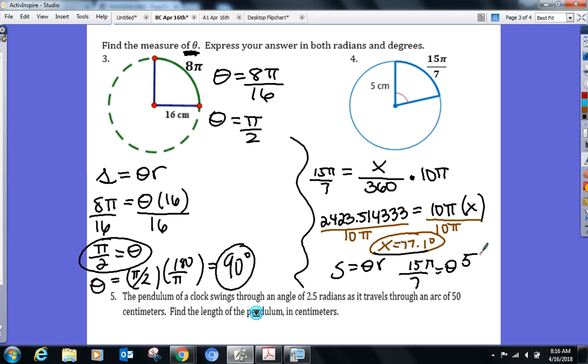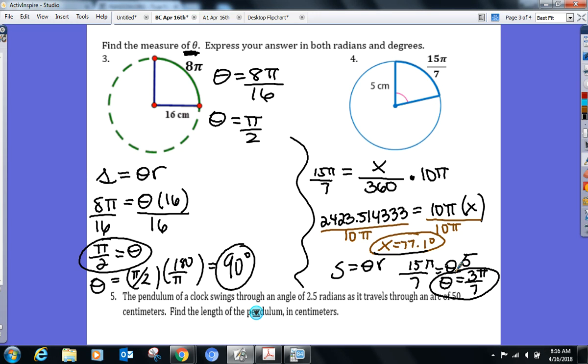There are other ways around it here. So again, when you do 15 over 7 divided by 5, just do that, no pi in it. And you should get 3/7.